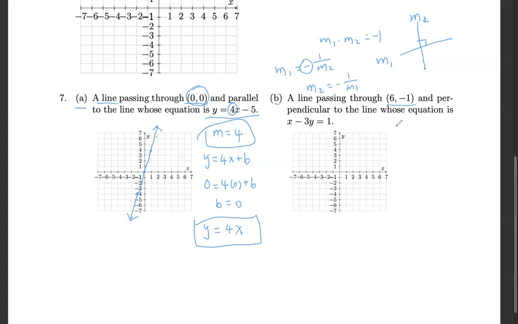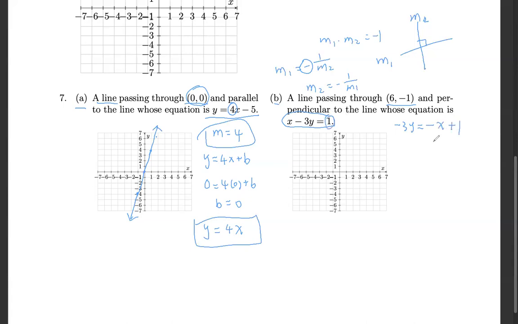So we need to write down the equation passing through this point and perpendicular to this line. But we won't be able to tell the slope of this one, right? Unless we solve for y, unless we put it in slope intercept form. So first, let's move x to the other side. So we get negative 3y equals negative x, positive x on the left moves to the right, becomes negative, plus 1, right?